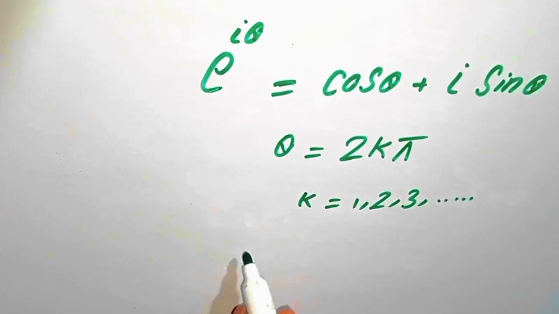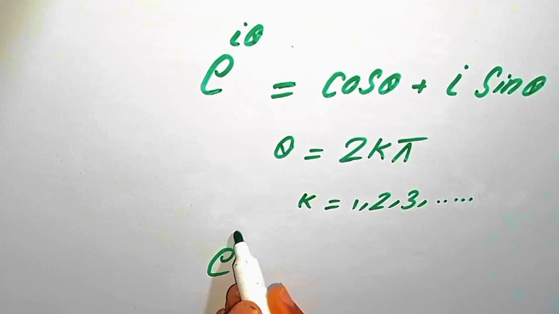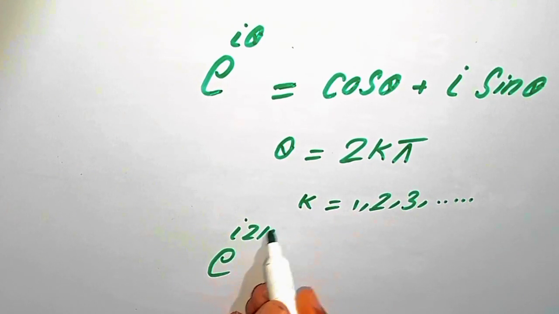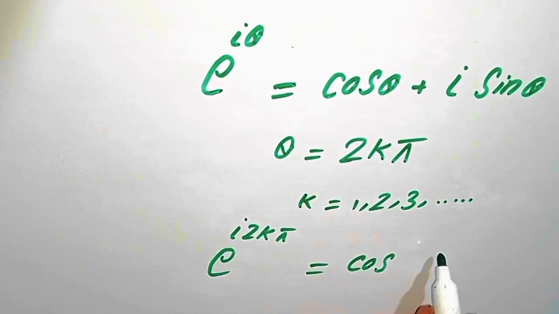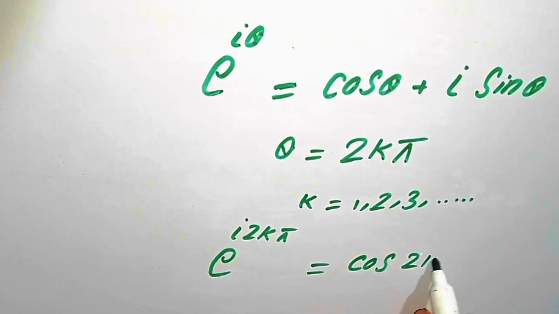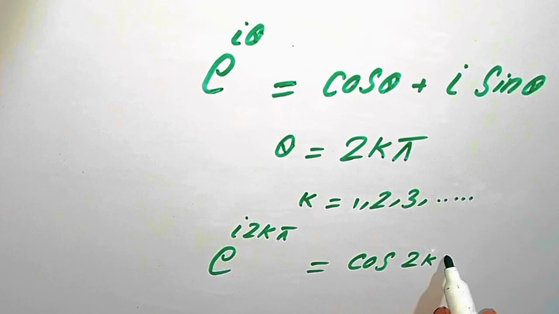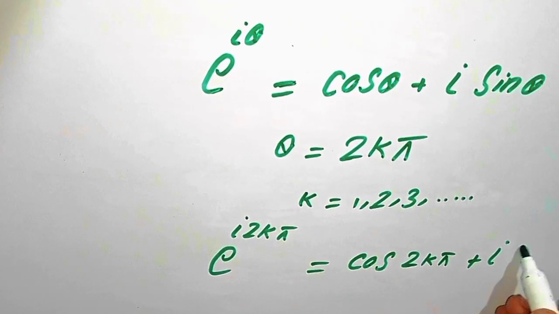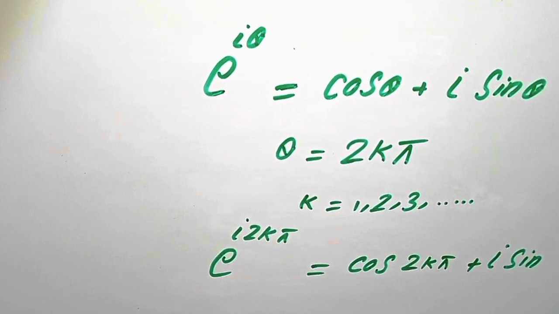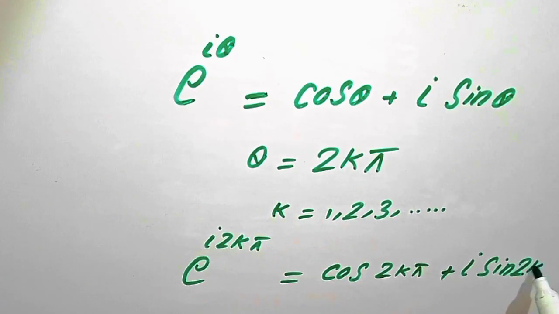So if we replace that in the above equation, our equation becomes e power iota 2k pi is equal to cos of 2k pi plus iota sine 2k pi.